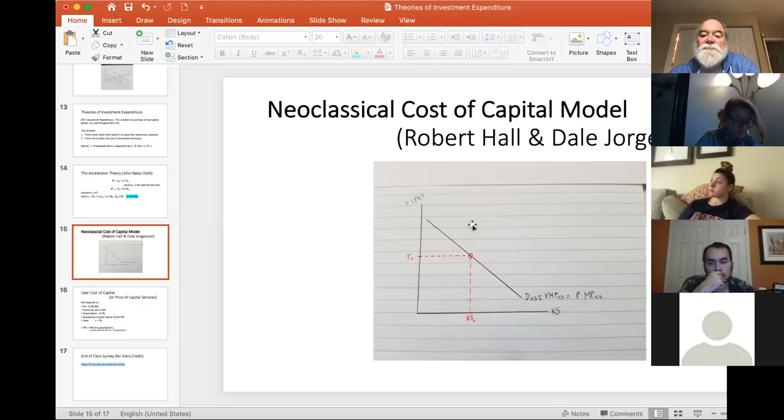So you look at this model and you say, what causes investment? Well, a decrease in the cost of capital would cause a need for more capital, or an increase in demand for capital that shifts the whole curve out would cause an increase in investment demand.